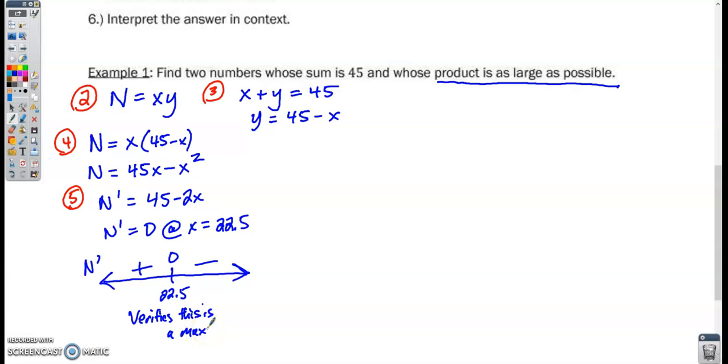And now I'm going to interpret my answer. So x is equal to 22.5, which means that y is equal to 22.5 as well.